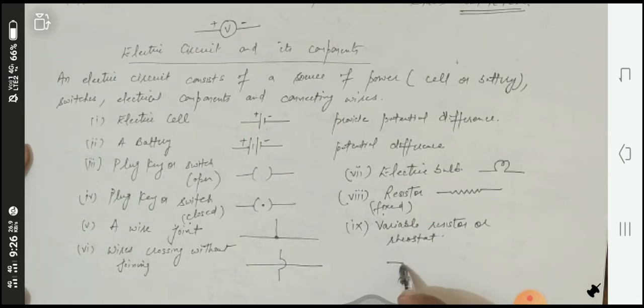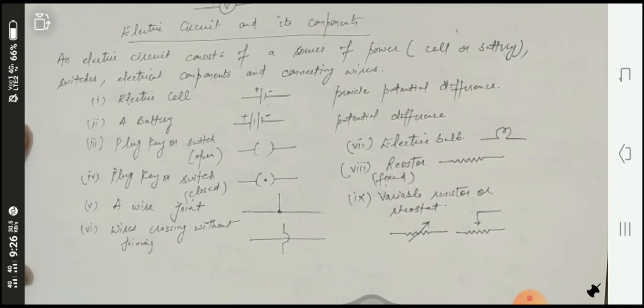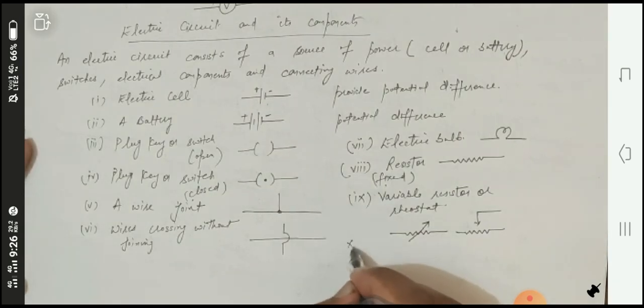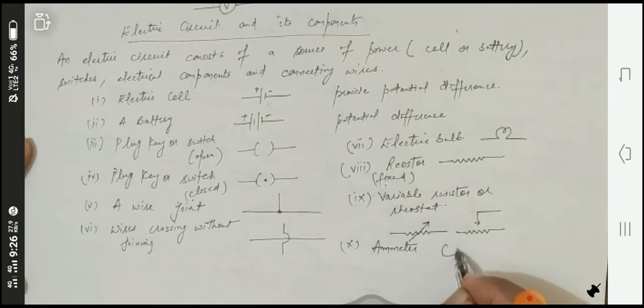Variable resistor means here is the resistor, draw an arrow. This becomes variable resistor, or the rheostat. Next is Ammeter, denoted by symbol A.